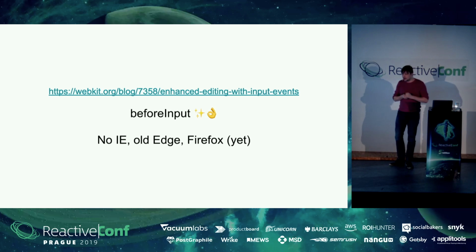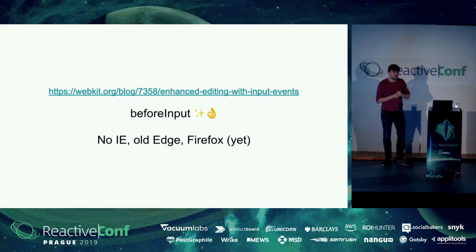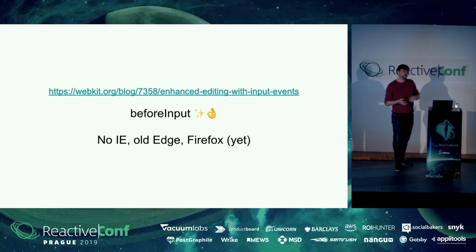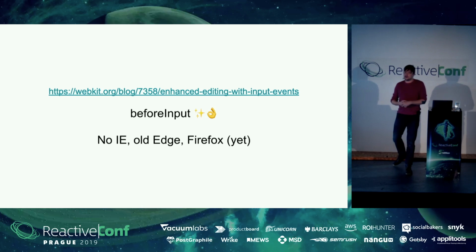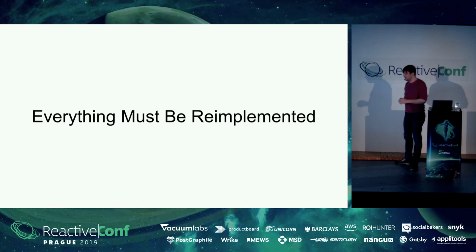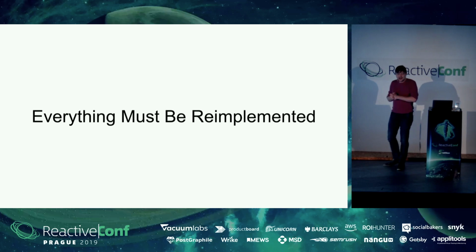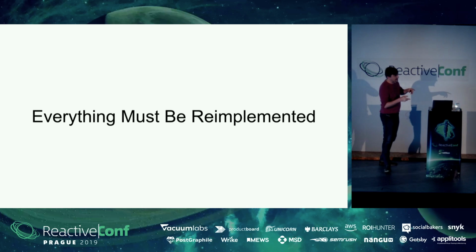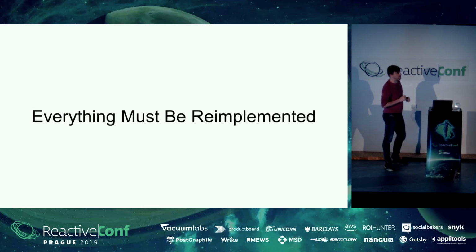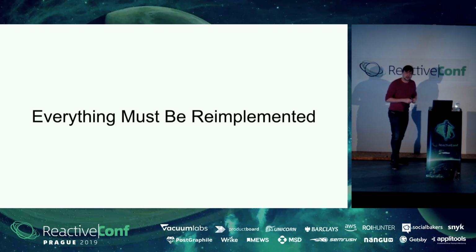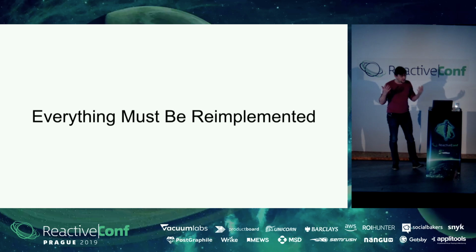So really, we can leverage this new API. My editor is based on a completely new API, which has a huge good impact on code quality. Still, everything must be re-implemented, but we have enough information from the browser itself. So it's all about the transformations.